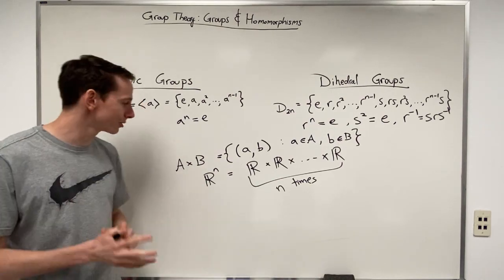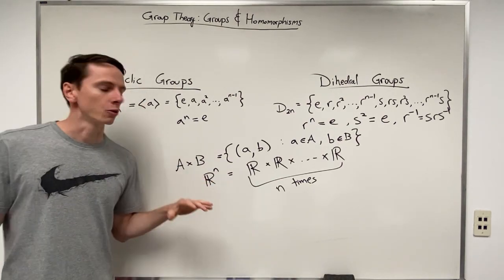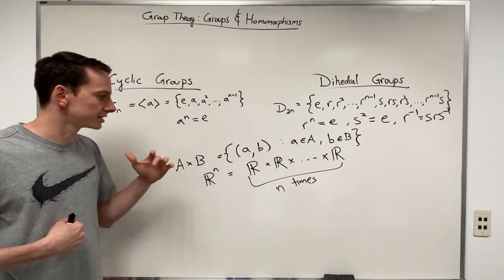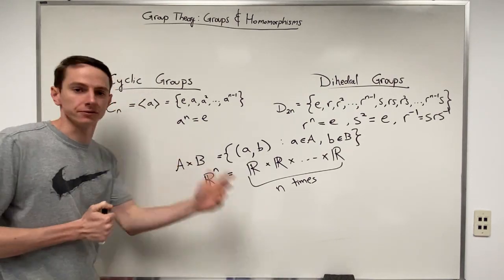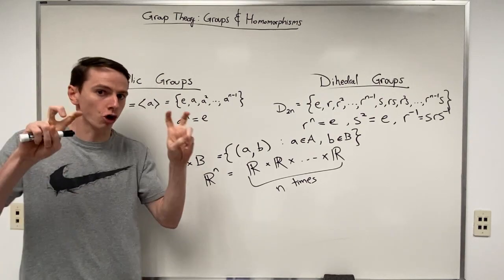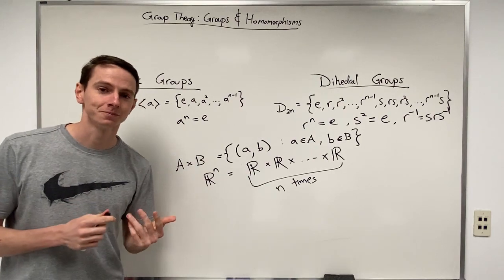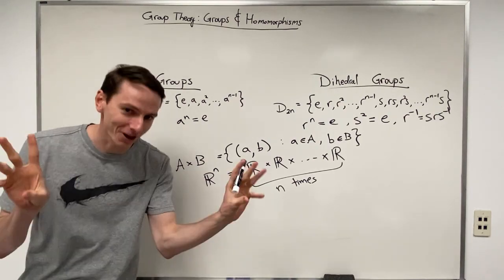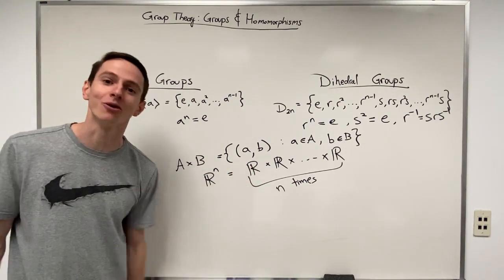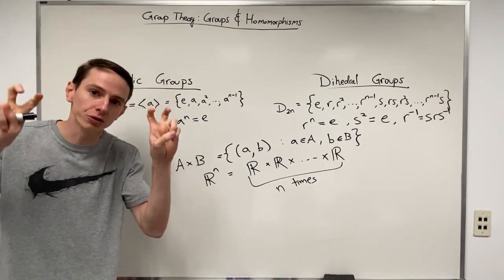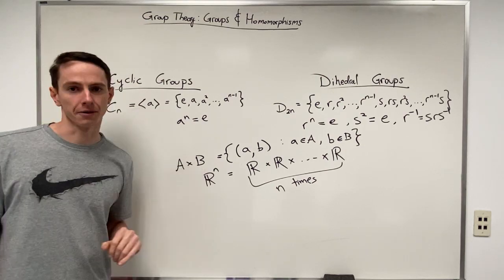So what we're going to be doing is a similar idea here, where we're going to take this idea that we've already established with sets and just say, well, if we can take a Cartesian product of sets, can we take a Cartesian product, or the equivalent of a Cartesian product, for groups? And you might be able to tell by the title of this video, that is what this video is going to be about. It's going to be what happens if we try to effectively multiply one group by another.